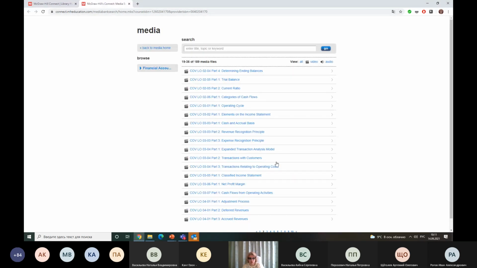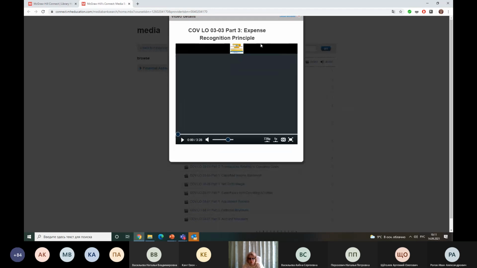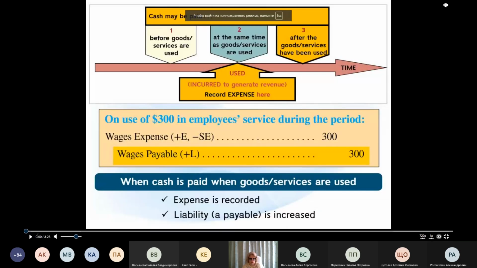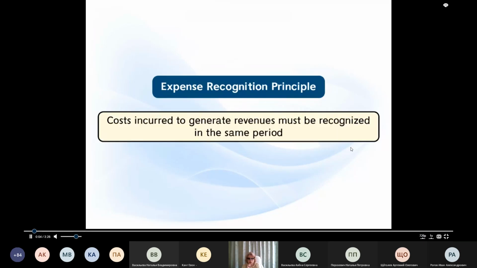So let's see how we should match expenses. Expense recognition principle. The expense recognition principle, or matching principle, requires that costs incurred to generate revenues be recognized or recorded in the same period.